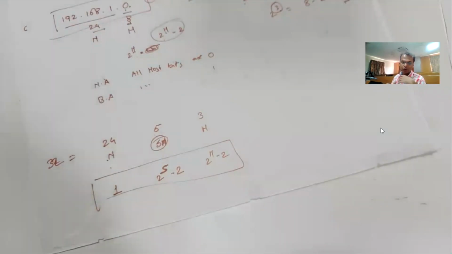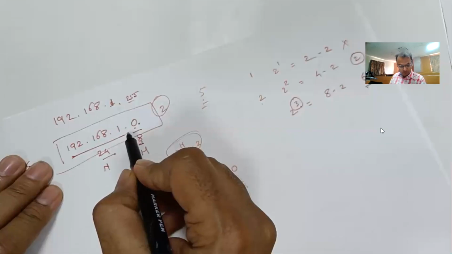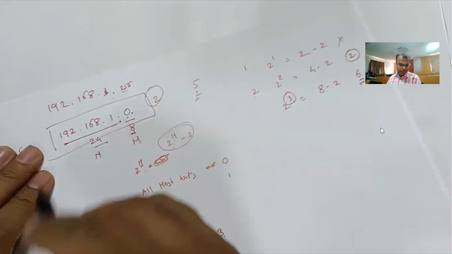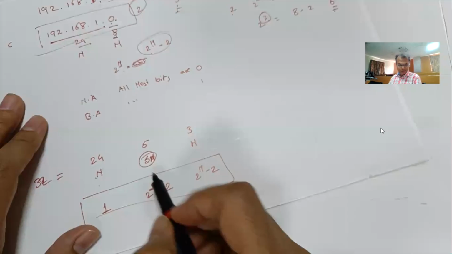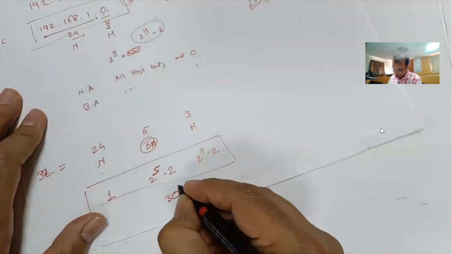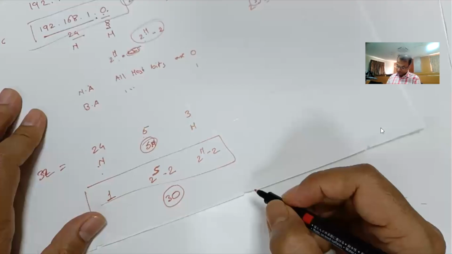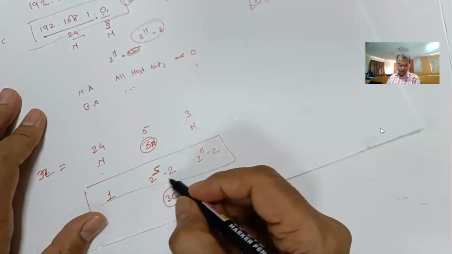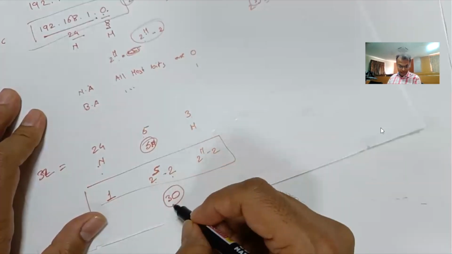Let's say I have an organization, MIT, so I'll use one scheme here. How many departments can I have? That is 2 raised to 5 minus 2. So at most I can have 30 departments, because 2 raised to 5 is 32, minus 2, that is 30.